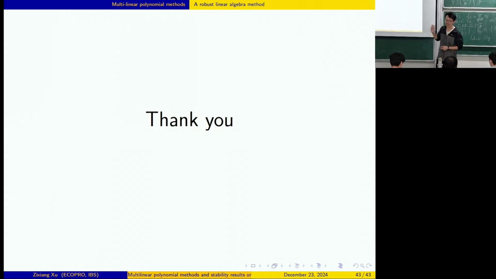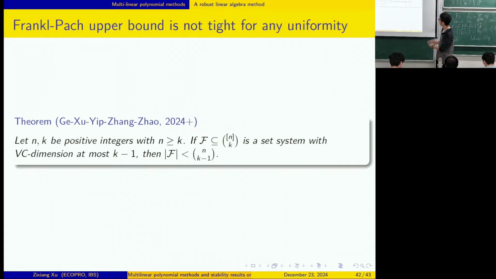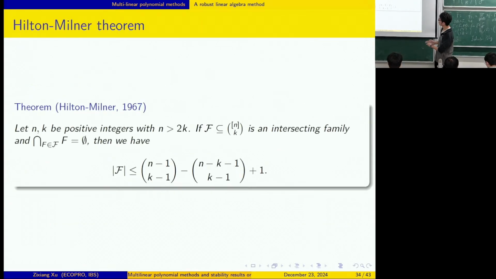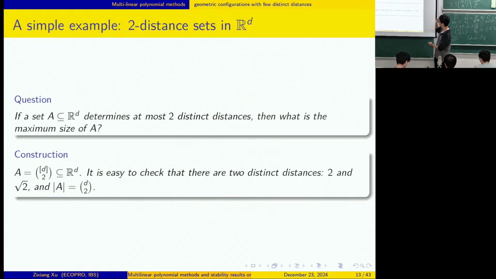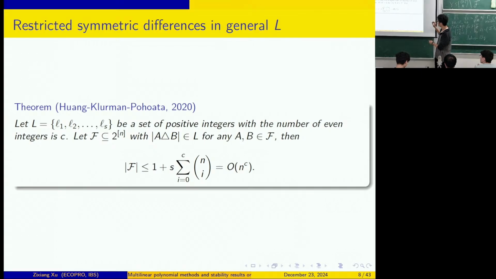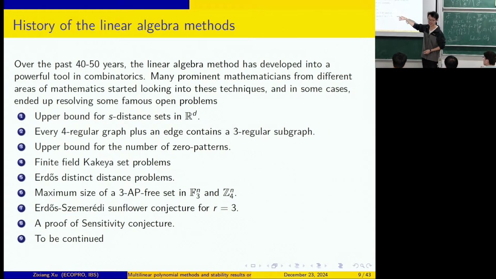But inversely, it's not easy. I think for all of the results on the first page, all such nice results, I haven't found a purely combinatorial proof.